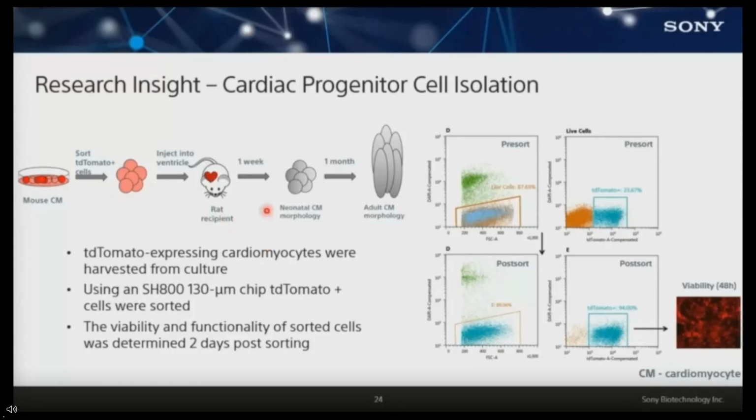And so if you just go through the protocol here, you isolate your cells, you tag them, you sort based on TD tomato, you inject them into the ventricle. Here's your rat recipient. They grow up, they become adults. Here we have our pre-sort and our post-sort. We go through successive rounds of sorting, and here we show the viability after 48 hours.